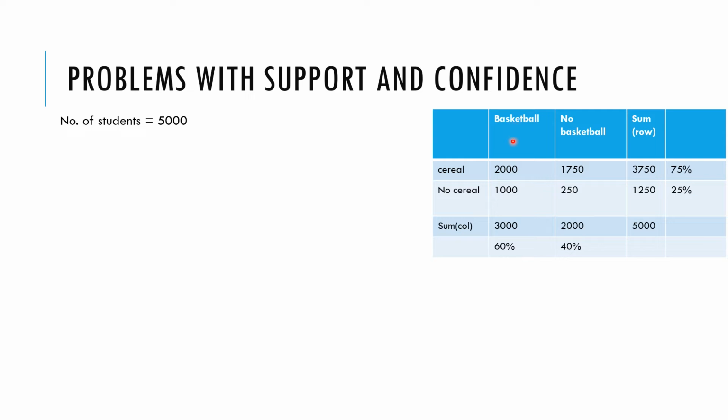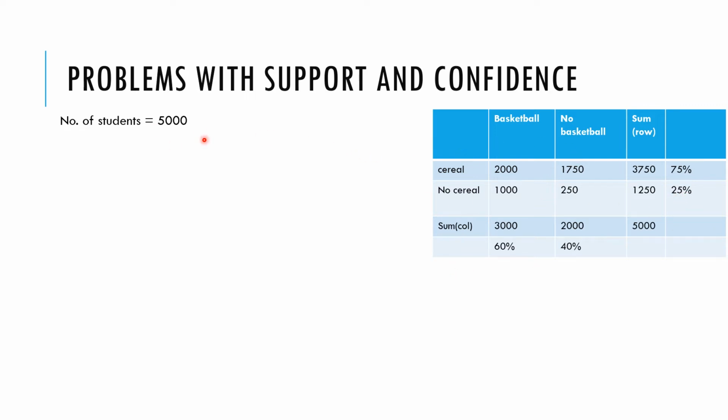Out of these 3,000 players, 2,000 eat cereal and 1,000 don't. And 2,000 students don't play basketball. Out of these, 1,750 eat cereal and 250 don't. So the total number of students eating cereal is 3,750: 75% of the students eat cereal, and 25% don't. This is what this table is all about.